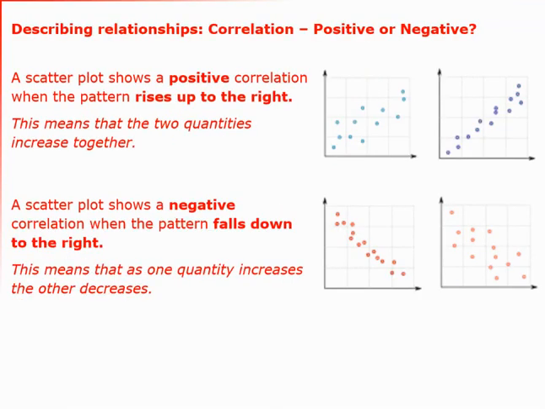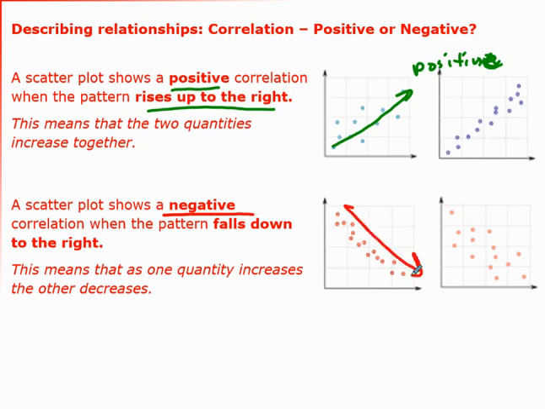All right, so let's look at describing relationships even more. We can define correlation as positive or negative. So in a positive correlation, we rise up and to the right. Okay? These are positive. Then we can have negative correlations, falling down and to the right.